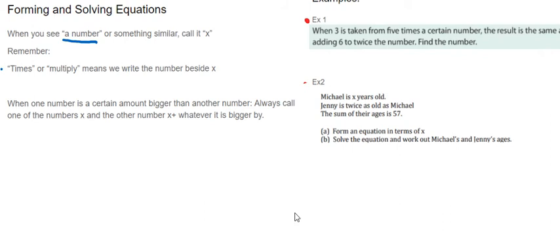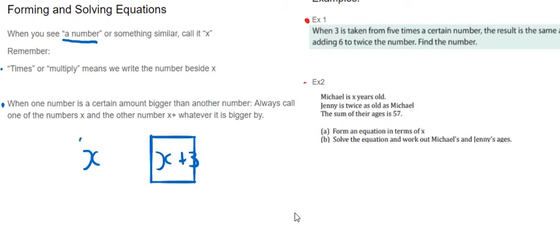These are a couple of the basics of how we're going to start thinking about trying to put these problems into an equation. The last one: when one number is a certain amount bigger than another number, always call one of the numbers x and the other number x plus whatever it is bigger by. I know that sounds a little bit complicated. What we're saying is, if you see a question where one number is 3 bigger than another number, I can call one number x, and the other number x plus 3.